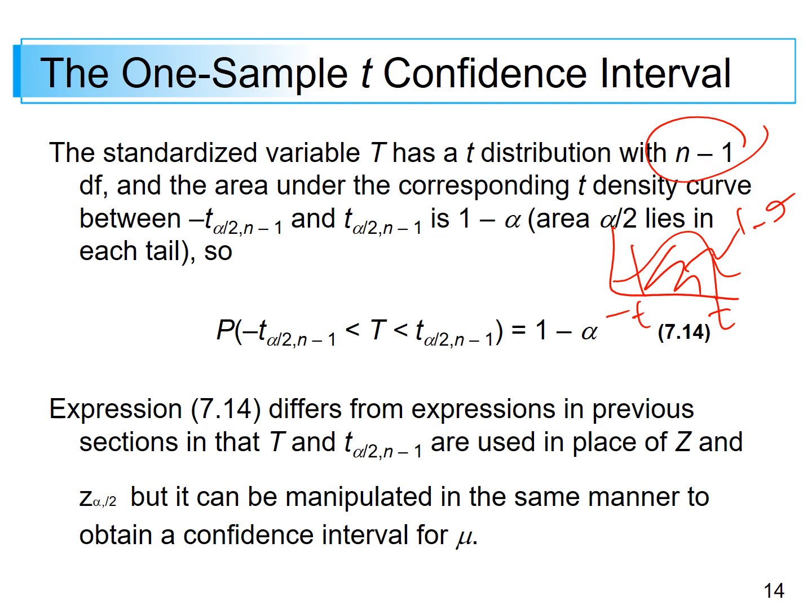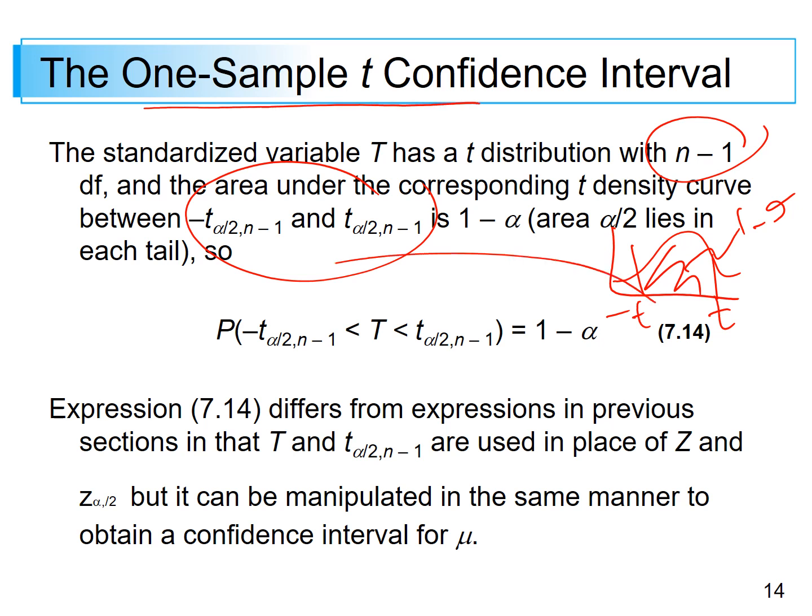The difference between this confidence interval for the population mean and the other two is that with this third case, we use the t critical values rather than the z critical values because we use the t distribution rather than the normal distribution. And again, why do we use the t distribution? To account for the higher variability because we have a smaller sample. This third case is called the one sample t confidence interval.